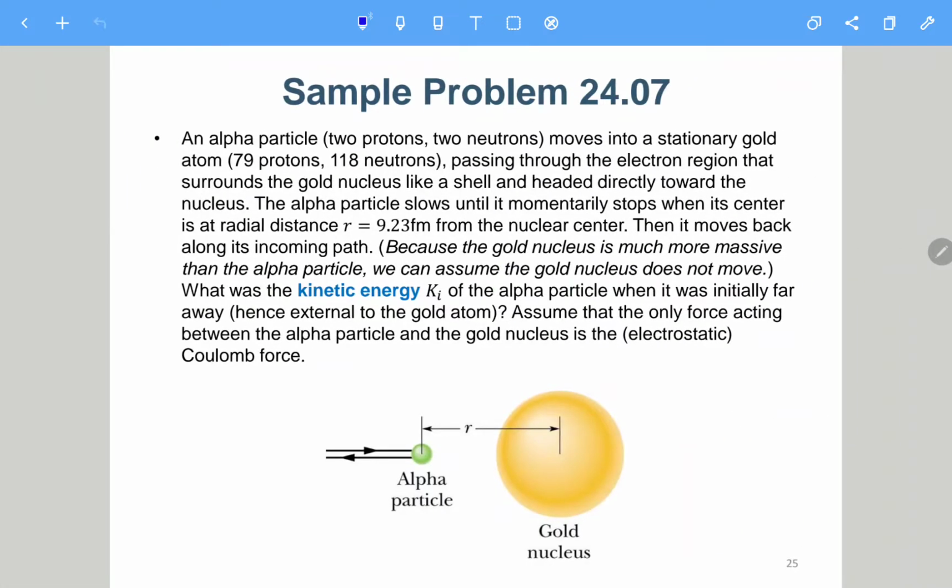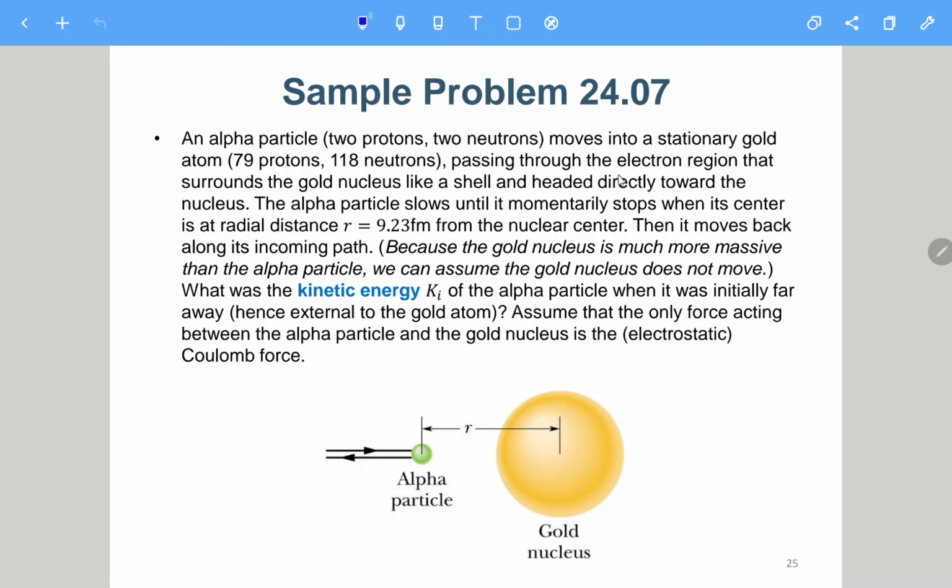Okay, so we have another one. This one says an alpha particle. An alpha particle contains 2 protons and 2 neutrons. It moves into a stationary gold atom. This is a gold atom with 79 protons and 118 neutrons, which is much heavier.